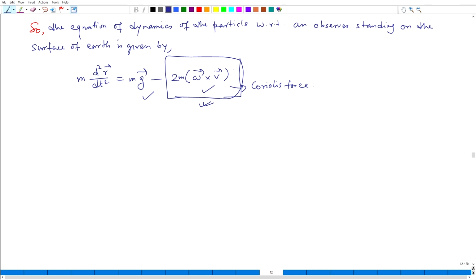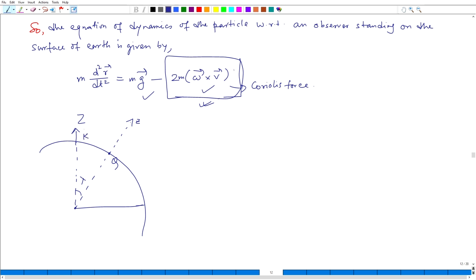So, I will now just draw this thing. If I say that this is the center of the earth, and this observer Q, who is standing on the earth surface, is actually at a co-latitude lambda. That means the angle between its local vertical, the small z direction, and the capital Z direction is lambda.